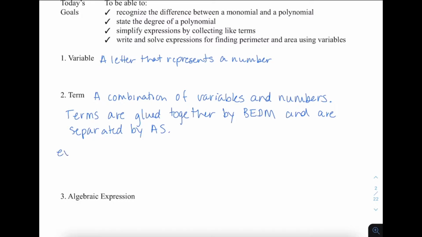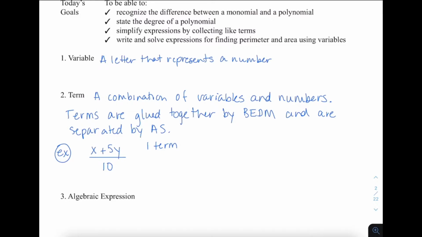So, for example, if I were to ask you how many terms are in this expression, x plus 5y over 10, the answer is there is one term here.